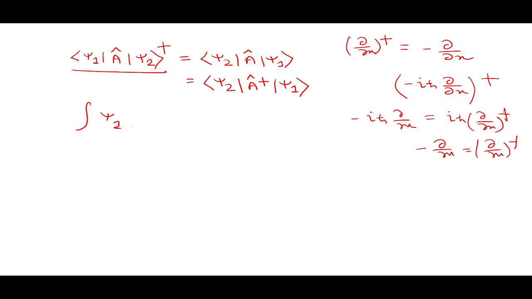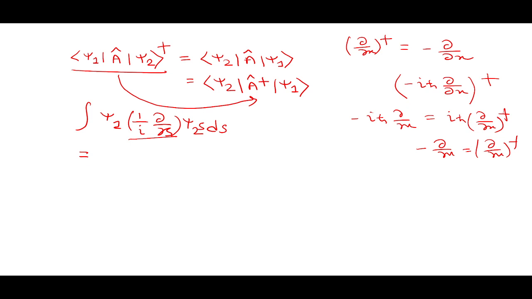Integration phi 1, 1 by iota del s, phi 2, ds, with s there. The other part I am leaving. If I can represent this as this, then I can comment this is a Hermitian operator, right?